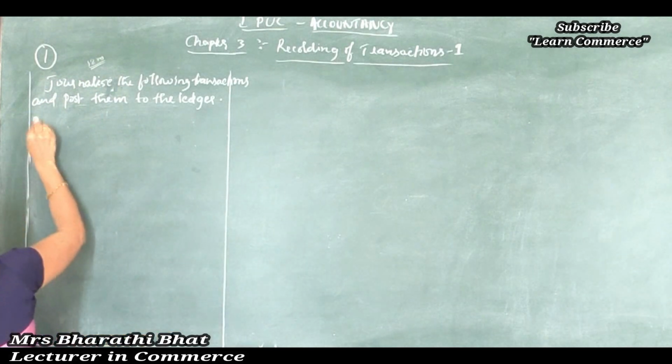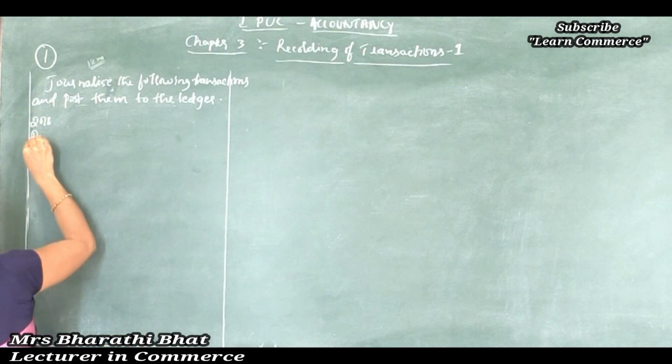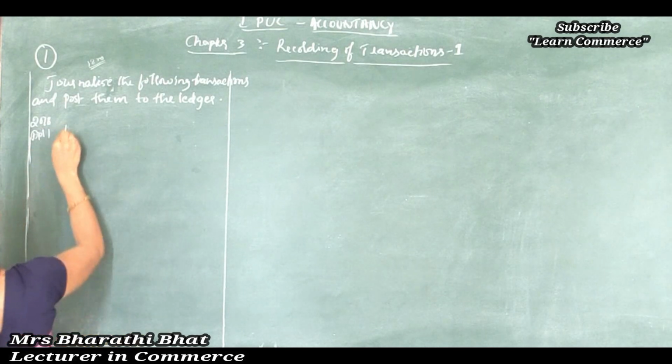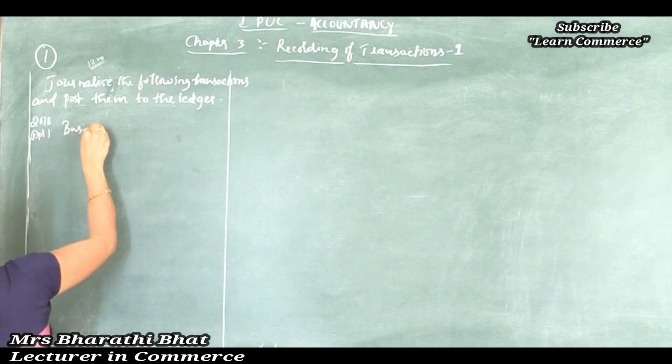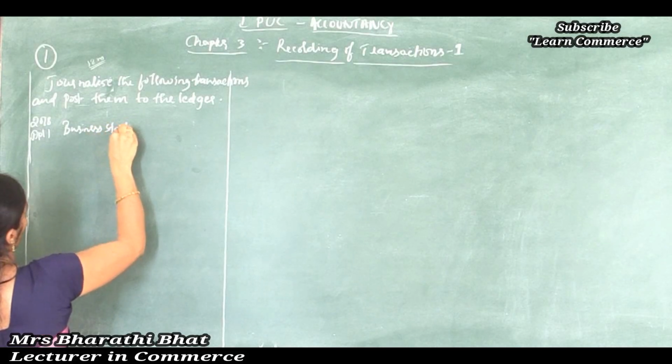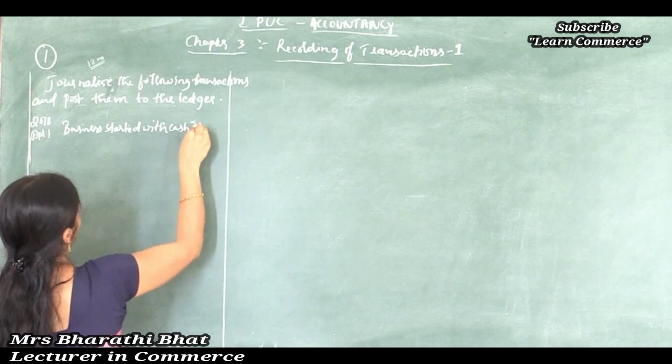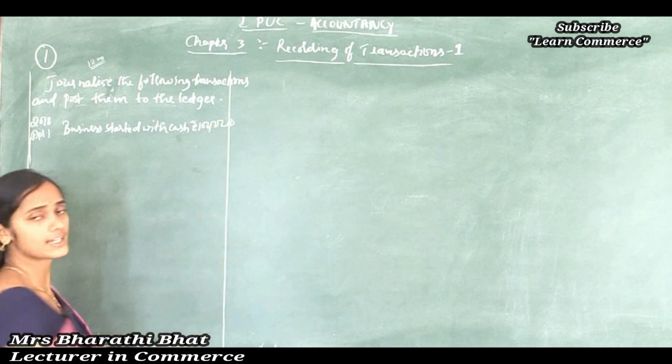So, 2018 April 1st, the transaction is like this. First transaction, always business started with cash, rupees 1 lakh, clear?